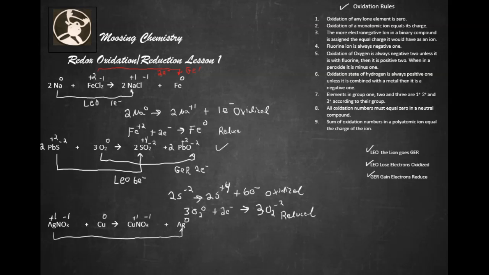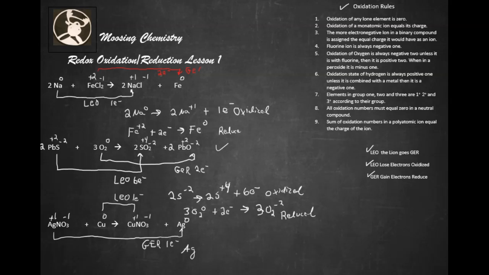Okay. So we are gaining electrons, that's grr. So we're gaining 1 electron here. Copper is going from 0 to a plus 1. So we're losing an electron here.